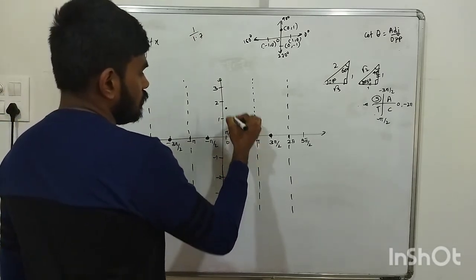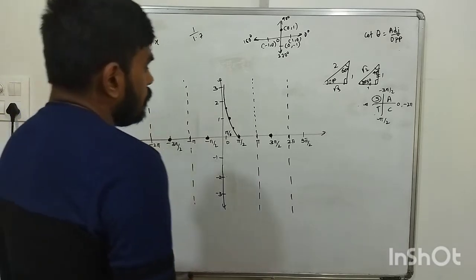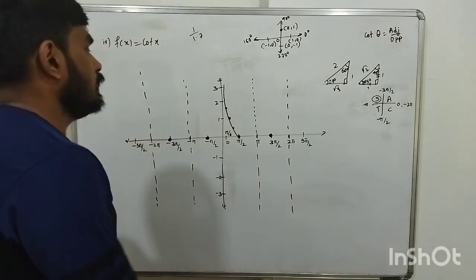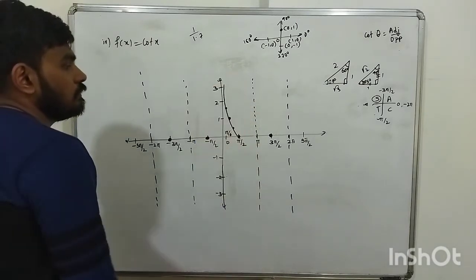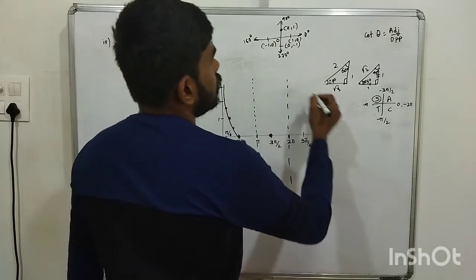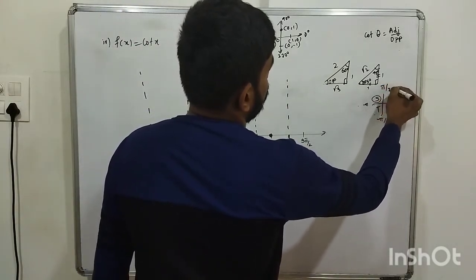So it will come here. So the curve will be like this. After that, from minus pi by 2 to pi, what will happen? From here to here it will look like this. From pi by 2 to pi, what will happen?